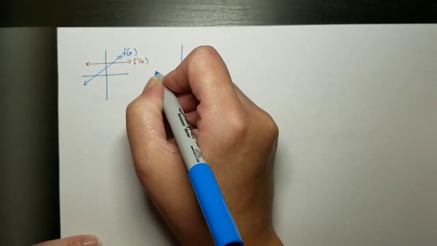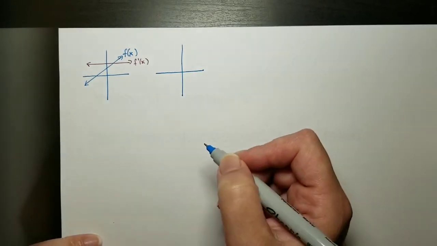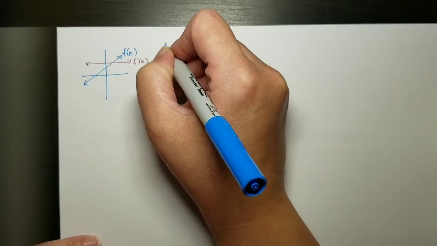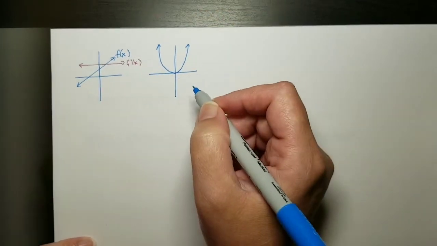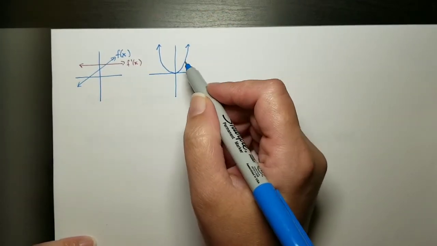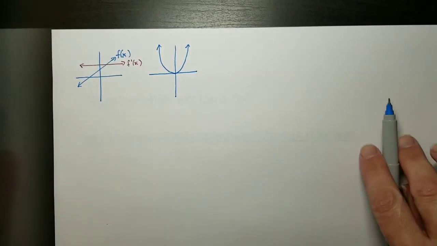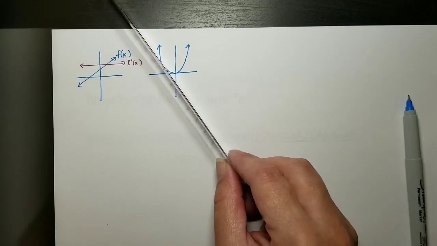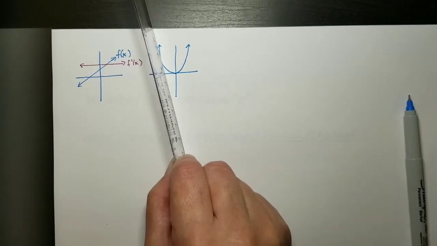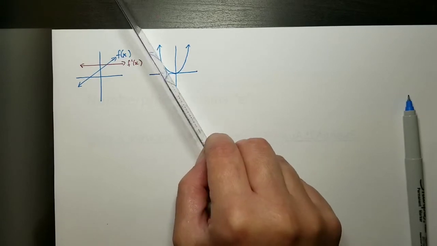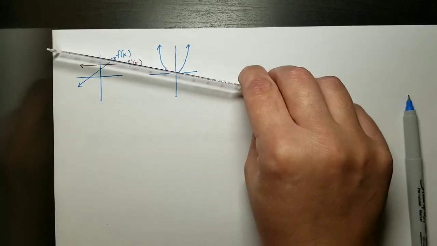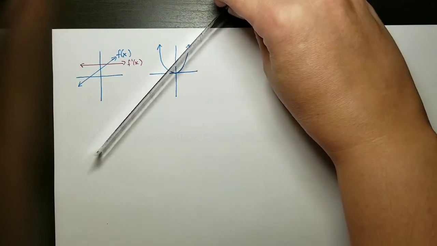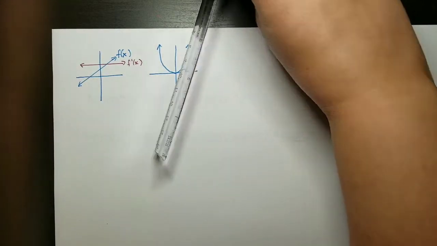The next kind of functions that you learned were quadratic. So if we had, whoa, that's a bad parabola, but we'll go with it. If we have a parabola like that, think about what's happening to the rate of change. I'm going to use my ruler as a tangent line here. Here, the rate of change is a big negative, then a smaller negative, 0 at the vertex, and then small positive, big positive, getting bigger.